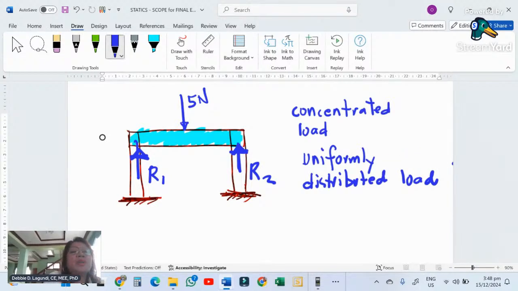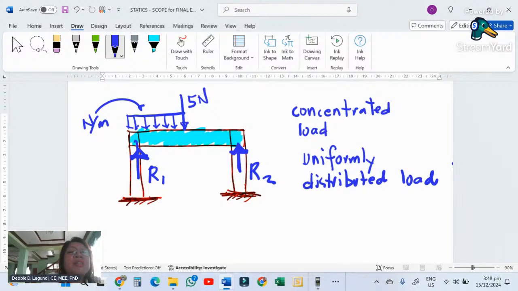Uniformly distributed loads are parallel forces acting downwards. They have the same intensity. So we're not going to count anymore how many forces are going down. We just have to get the intensity. What is this? How many forces are acting per meter?